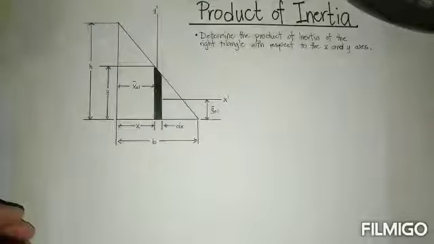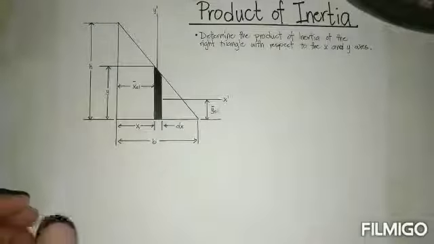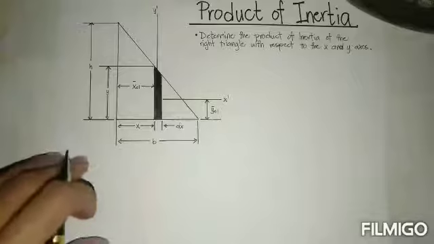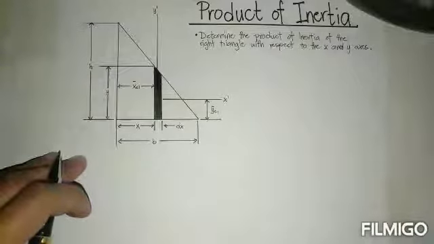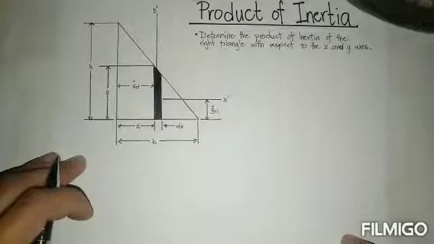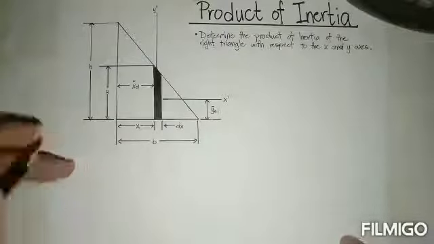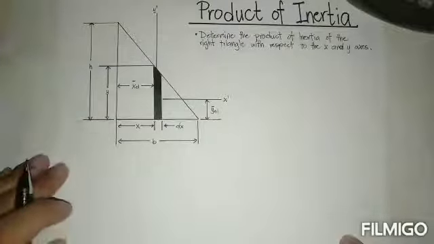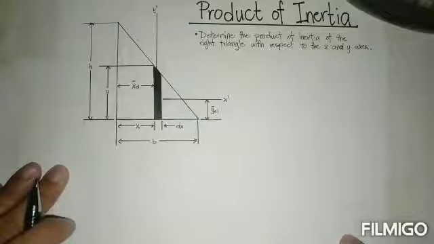Okay, now let's proceed to the product of inertia. Here we have the problem. Determine the product of inertia of the right triangle with respect to the x and y axis. Here we can determine the product of inertia using direct integration with the parallel axis theorem on vertical differential area strips.